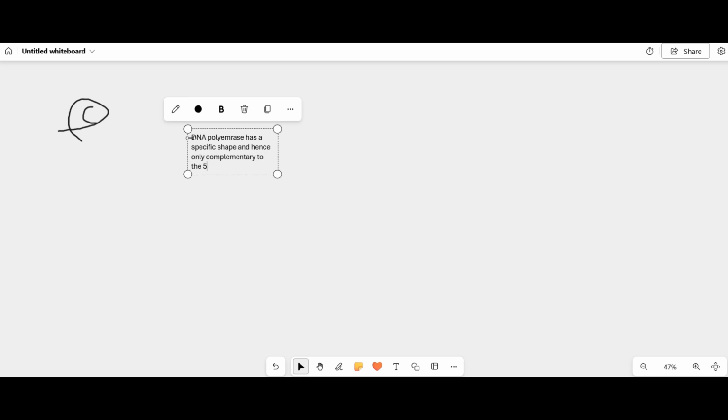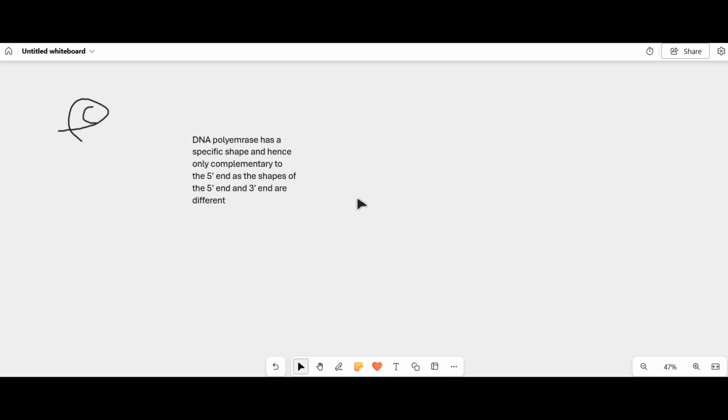So therefore, it's only complementary to the 5' end. The ends of the 5' and 3' are different, and DNA polymerase is only complementary to one of them. If you look at the diagram, it's complementary to the 5' one. That's why it's moving that way. Alright, calm.